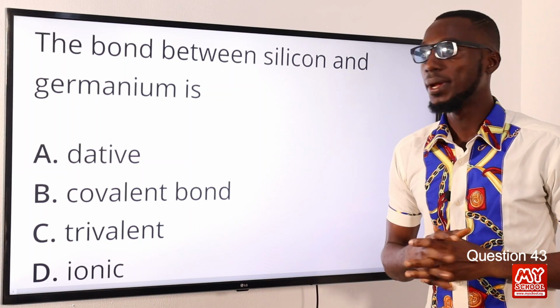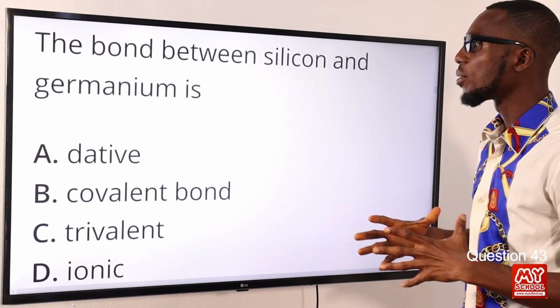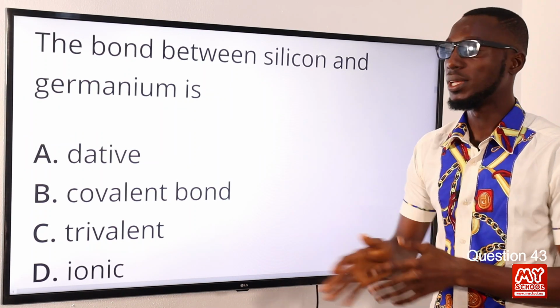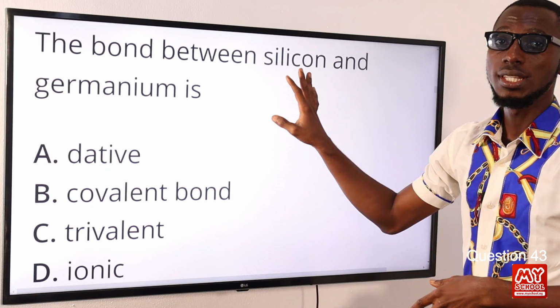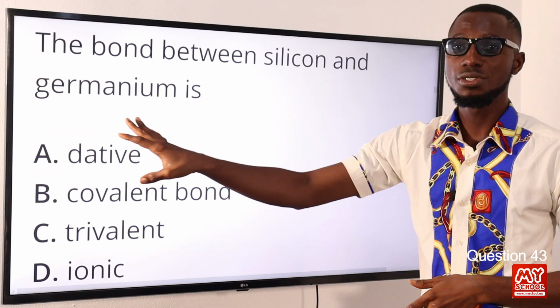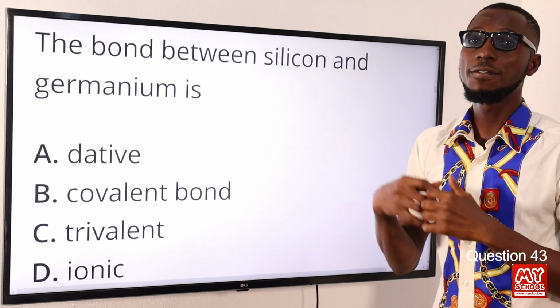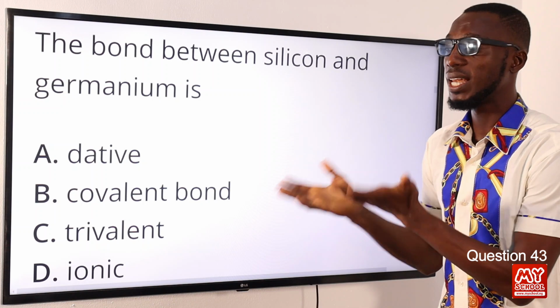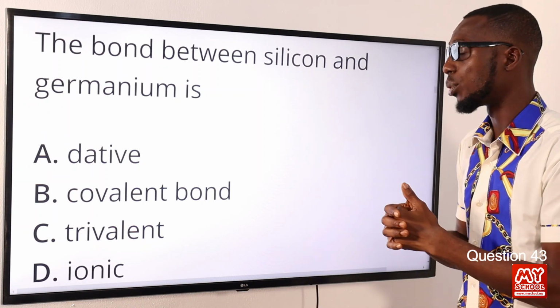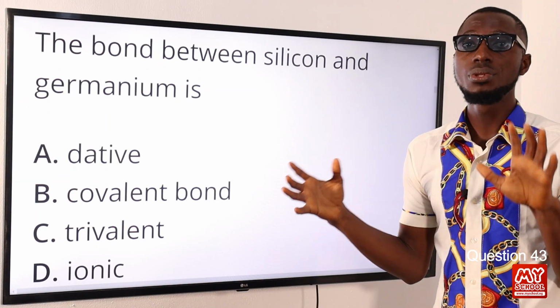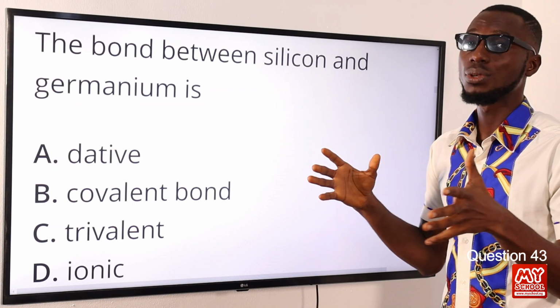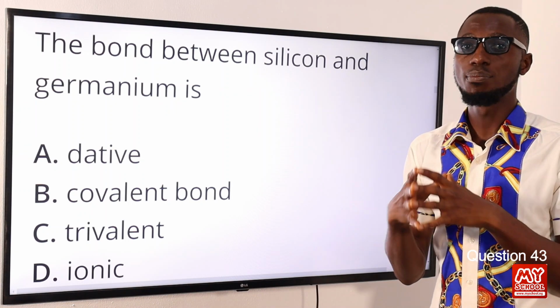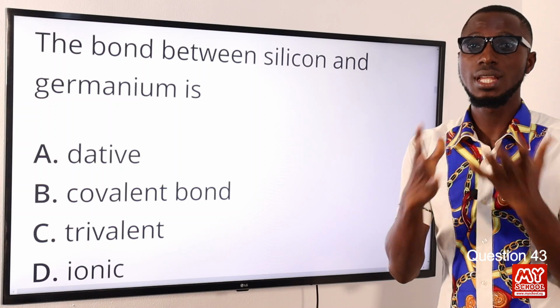Question 43. The bond between silicon and germanium is what? Silicon is 14 and germanium is 32. When you check their configuration, you realize that they both have 4 valence electrons. When you refer to covalent bonding, you will see that both atoms contribute so that both of them can attain the octet rule.